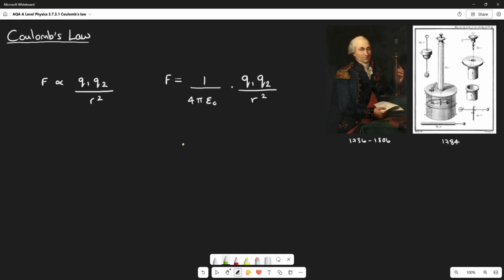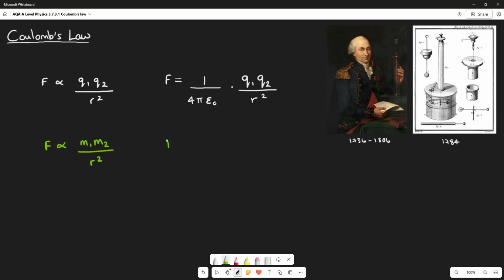If we compare Coulomb's law to Newton's law of gravitation, we can make several interesting comparisons. For Newton's law of gravitation, we have the same format of equation, but instead of charges, we know that gravitational forces exert on masses. So instead of charges, we have mass, but other than that, the equation is the same.